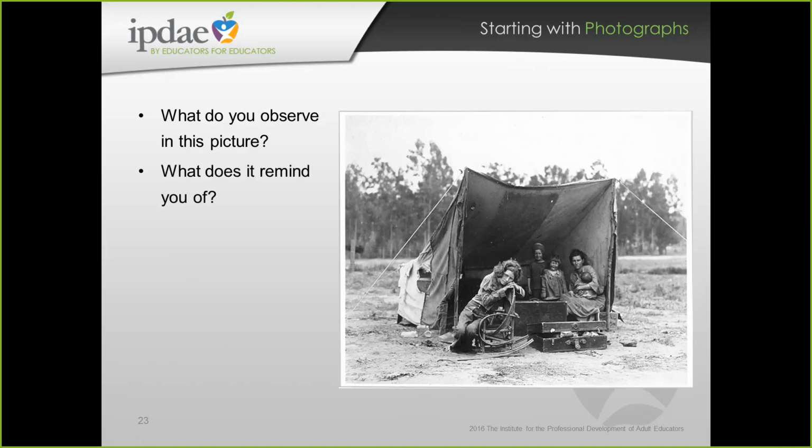Well, this reminds me of a couple of things. One, it reminds me of photographs I've seen in the past of during the Dust Bowl or during the Depression. But it also reminds me of something I've seen more recently, not too long ago when I was in California and I saw some homeless camps.